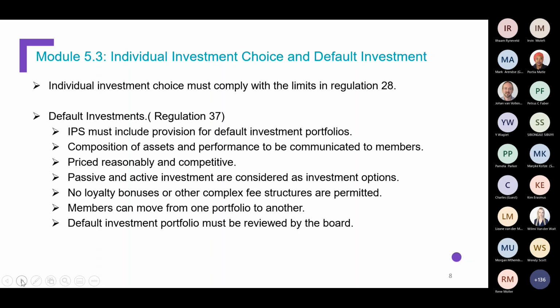Members also cannot be locked into a default investment portfolio, meaning that members are allowed to move from one portfolio to another portfolio within this structure. A default investment must be reviewed by the board.